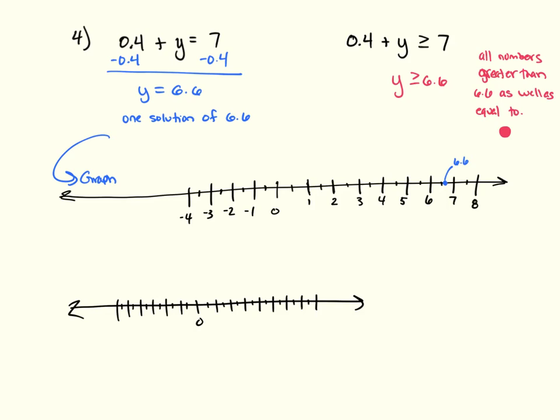So let's count over from the bottom, on the bottom graph, starting from 0. We've got 1, 2, 3, 4, 5, 6. Here is 6.6, closed circle. And since y is greater, we have to make our arrow go to the right and represent all those numbers that are greater than 6.6.